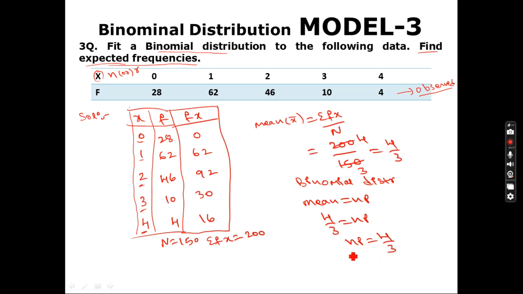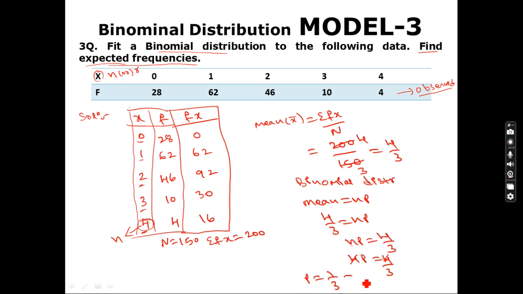In place of n, you write the highest value of x, which is your n value. So replace it here: 4 into p is equal to 4 by 3. The 4 on the left-hand side and the 4 on the right-hand side cancel. So what is the value of p? p is equal to 1 by 3.